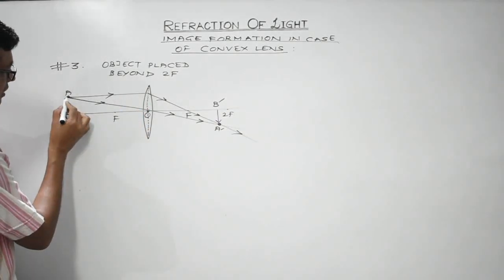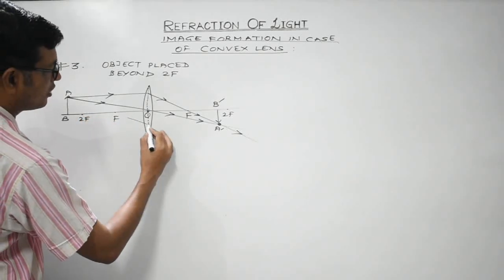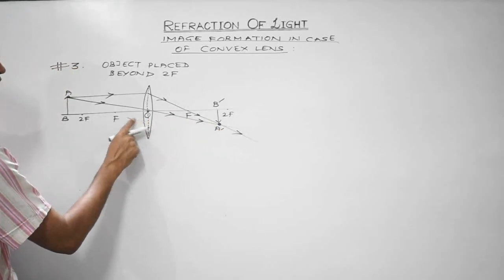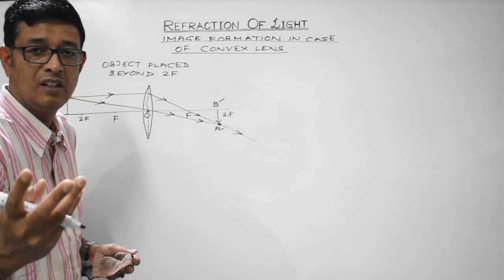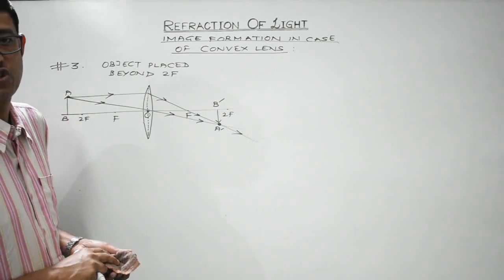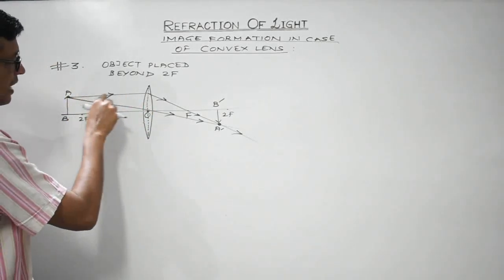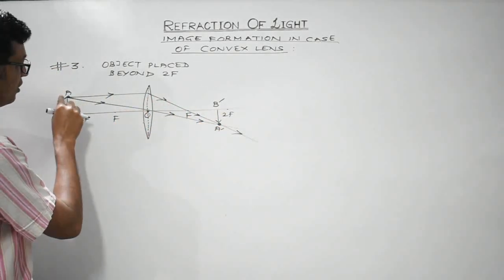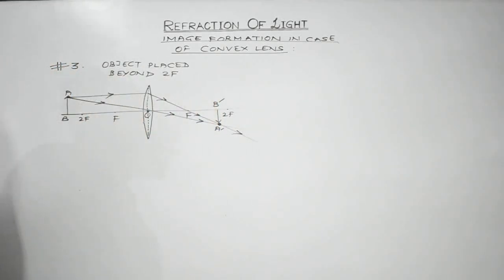The ray which passes through the focus, after refraction, becomes parallel to the principal axis. So you should get the same point of concurrency. Out of 3 rules, it's your wish, students, to make use of any 2 rules to get the position of the image. Here I have used 2 rules: the ray parallel to the principal axis passes through the focus after refraction, and the ray which passes through the optical center remains undeviated. So this is where the image is obtained.